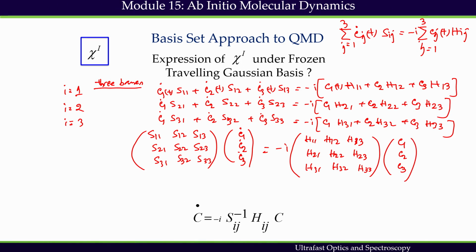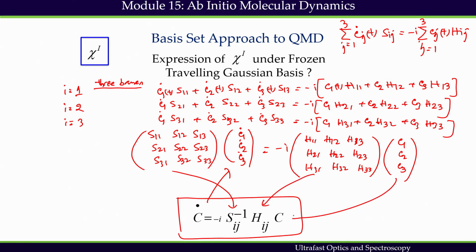So this matrix is here, this matrix is here, and this coefficient vector is here, and we can rewrite it in this matrix form.